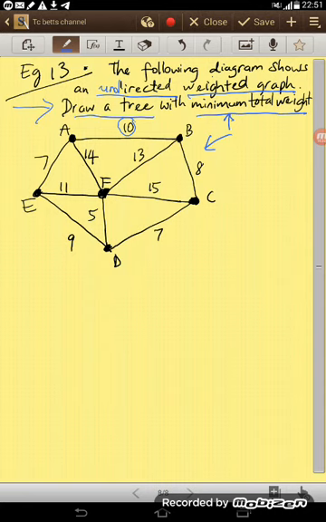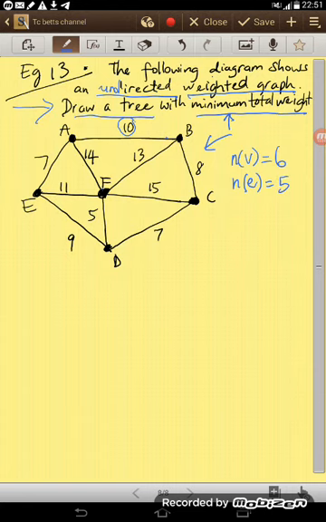So first of all, we want to draw a tree. We have to use the rules. The very easy one is the number of vertices. How many? 1, 2, 3, 4, 5, 6. So the number of edges should be 6 minus 1, that is 5.